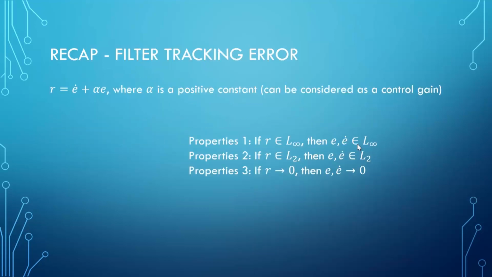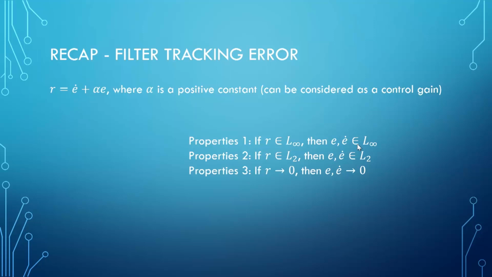And we tried different Lyapunov functions. We tried 3 different Lyapunov functions, and only the third one works. But it requires using a filtered tracking error here. So R is defined as E dot plus alpha E. Alpha can also be considered as a control gain.